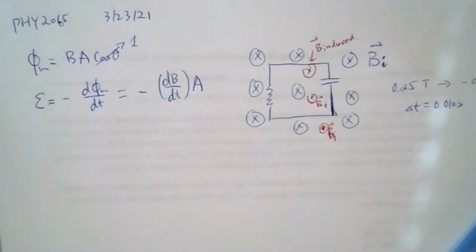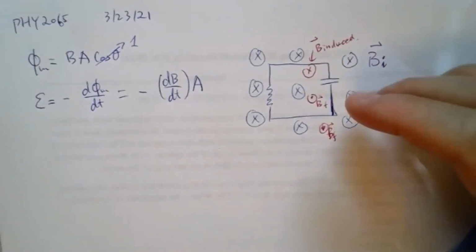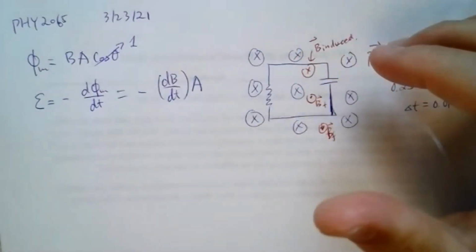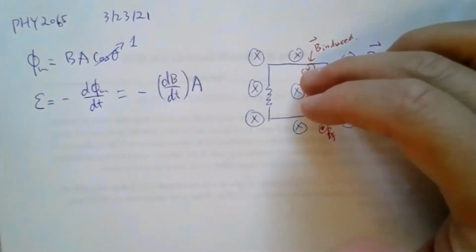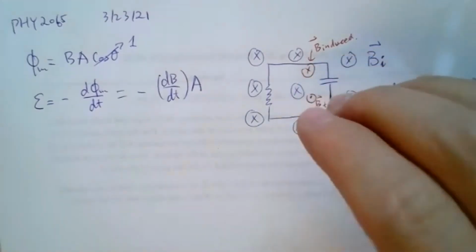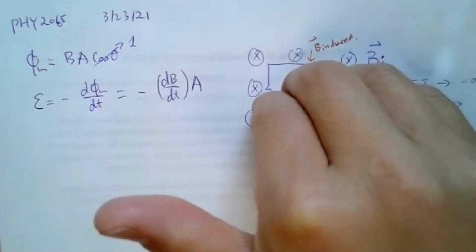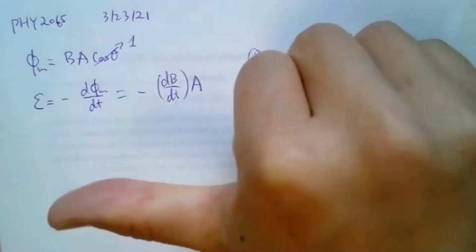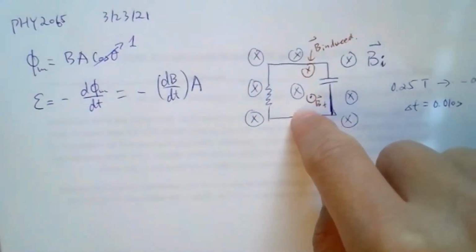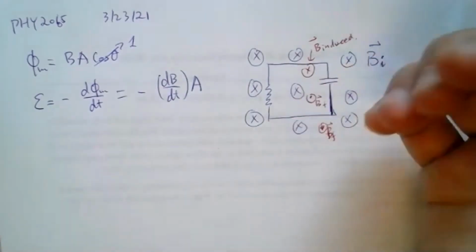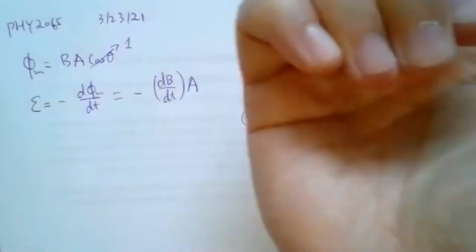Using your fingers, with B into the paper inside the region of the circuit, the current is in that direction on this wire, and then in that direction on the top wire.